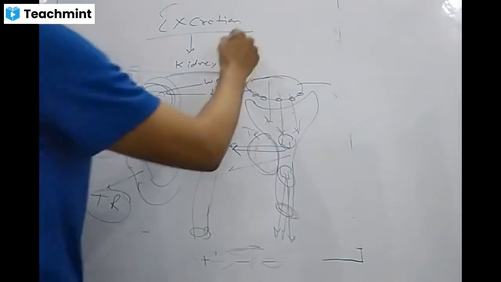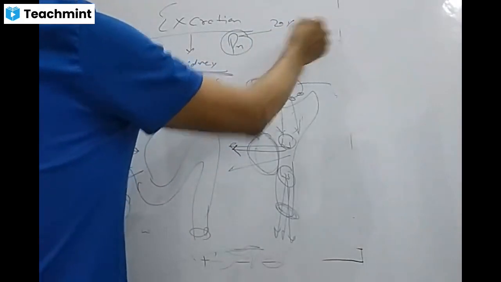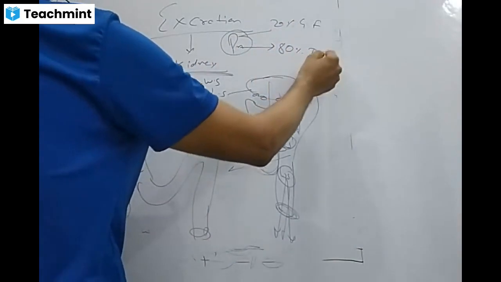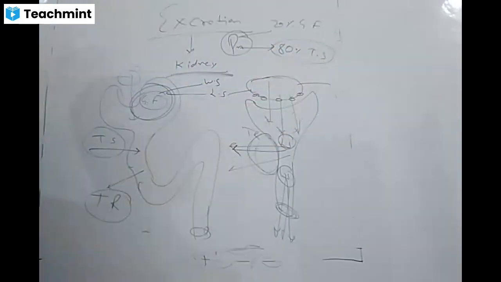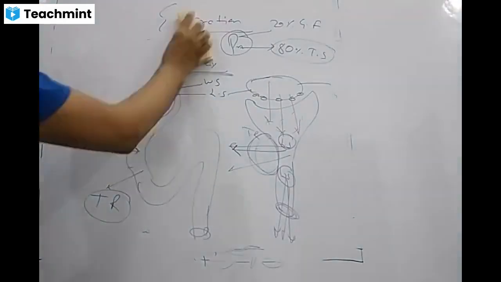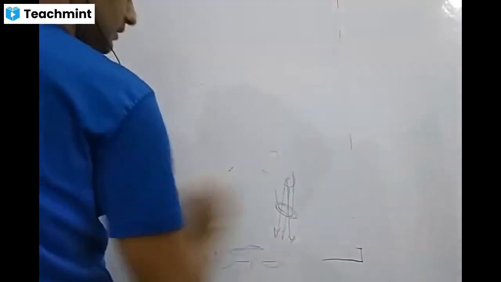In case of penicillin, 20% glomerular filtration occurs and 80% tubular secretion occurs. So what is tubular secretion? Tubular secretion is mostly an active process.